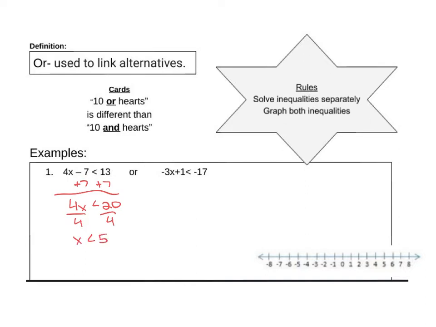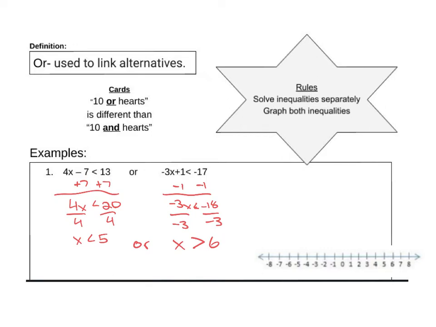So it could be x less than 5, or we now need to solve the second part, subtracting 1 first and saying, all right, negative 3x is less than negative 18. And when we divide by negative 3, we can't forget to flip that sign. So this is going to tell us x is less than 5 or x is greater than 6.